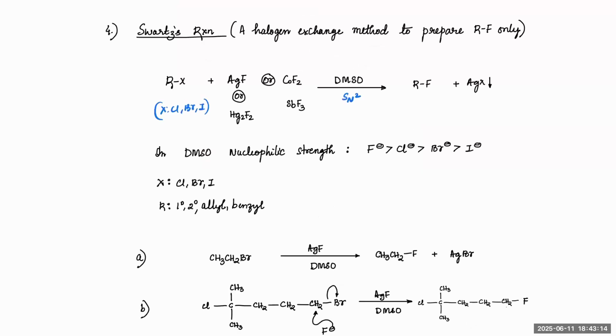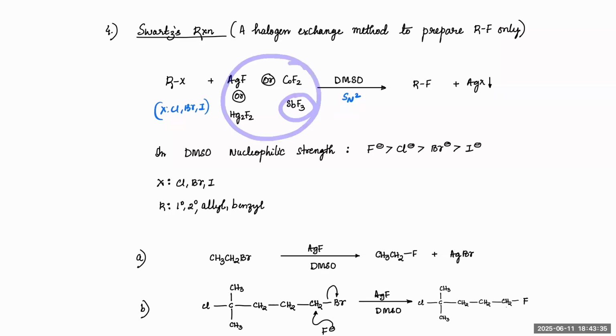The second one is the Swarts reaction. The Swarts reaction is the one where a halogen exchange is happening to prepare RF, an alkyl fluoride. Got it? So you can see AgF, CoF2, Hg2F2, SbF3, all of these fluoride cases.